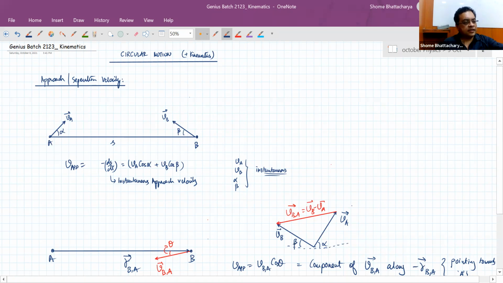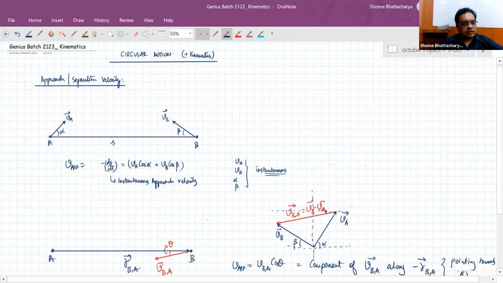So in this diagram, we need to calculate what this angle is.